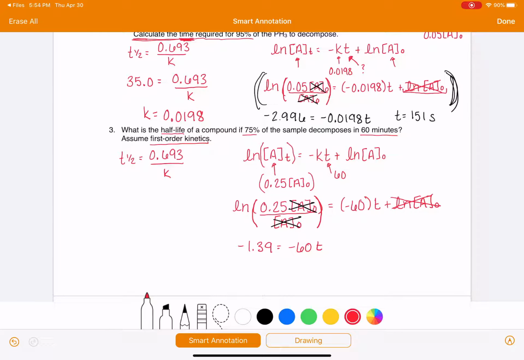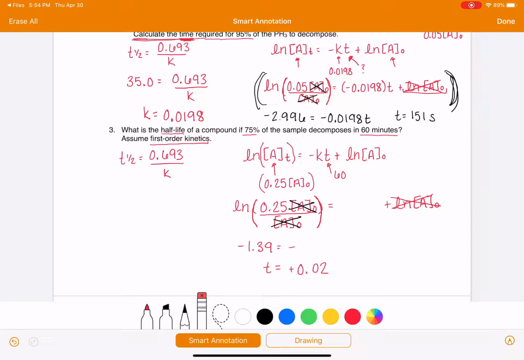What did I do here? I'm solving for k, not t. I got my things all mixed up right there.